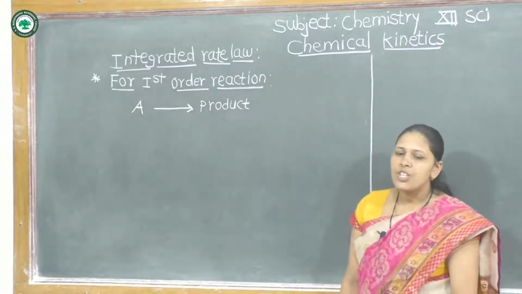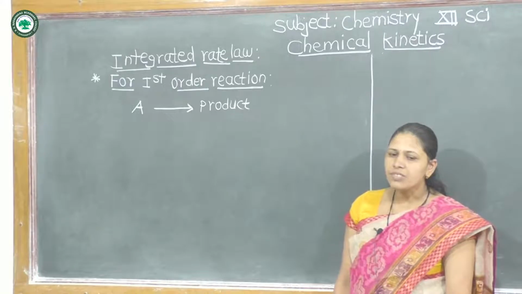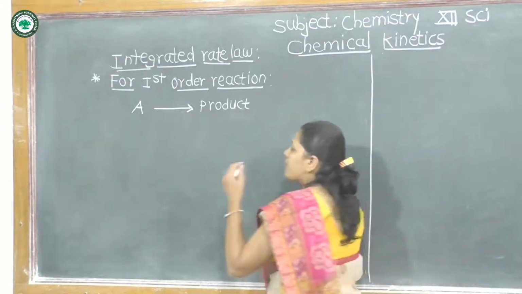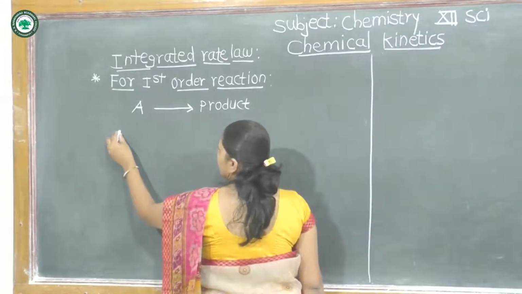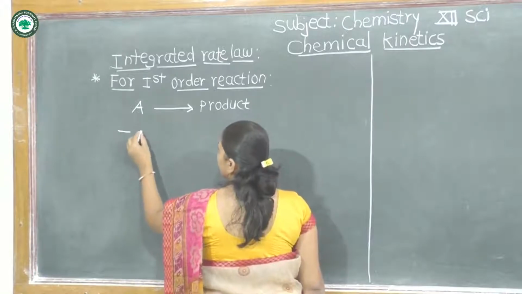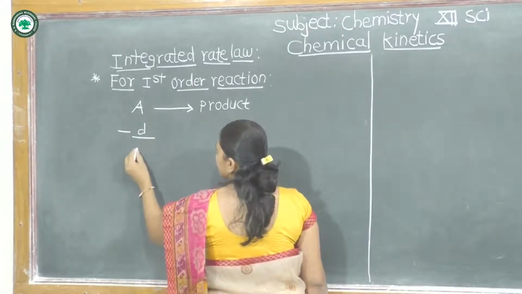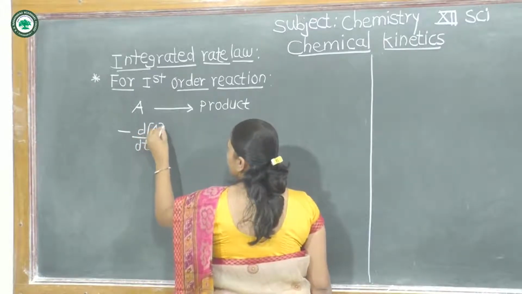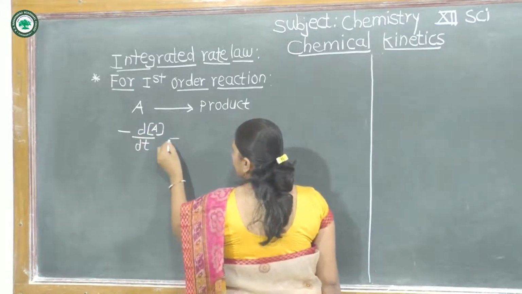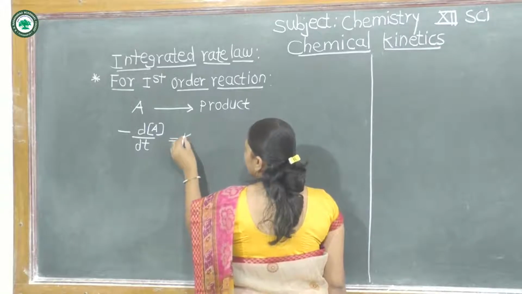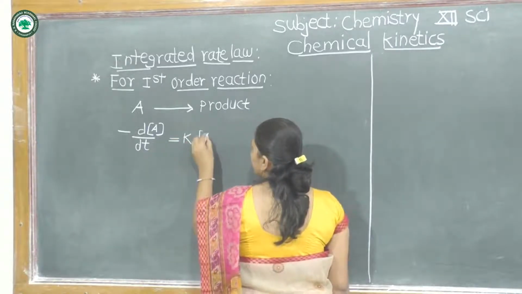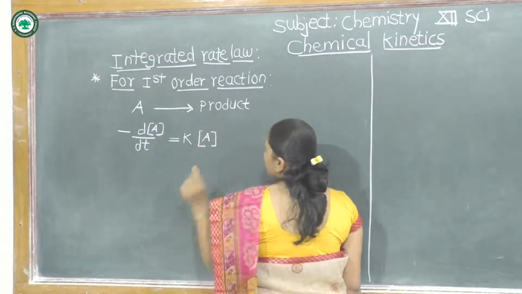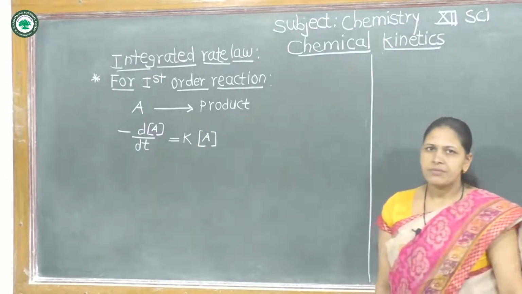In differential form, the rate of this reaction can be written as minus d by dt of concentration of A is equal to K into concentration of A raised to power 1.